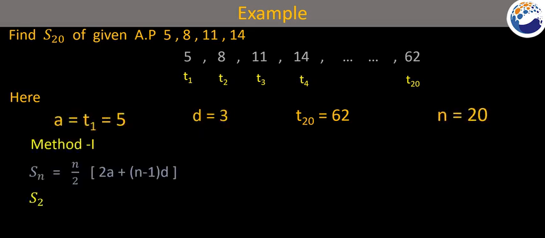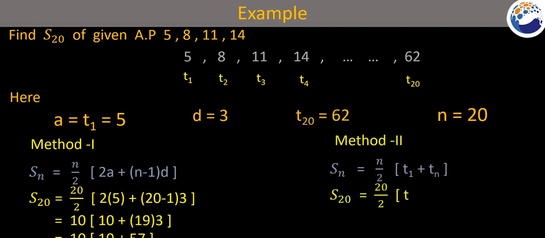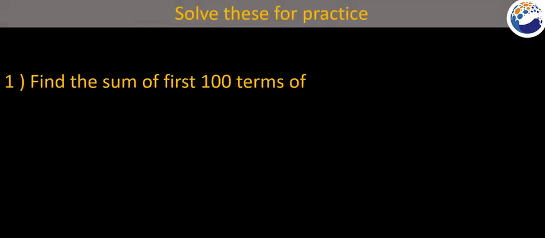S20 is equal to 20 upon 2 into (5 plus (20 minus 1) into 3) is equal to 10 into (10 plus 19 into 3) is equal to 10 into (10 plus 57) is equal to 10 into 67 is equal to 670. Method 2. S20 is equal to 20 upon 2 into (5 plus 62) is equal to 10 into 67 is equal to 670. Solve these for practice.